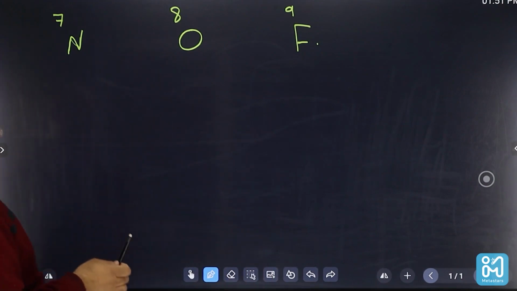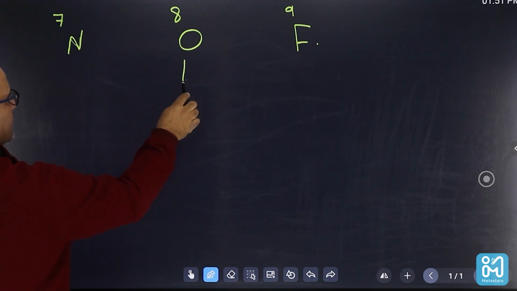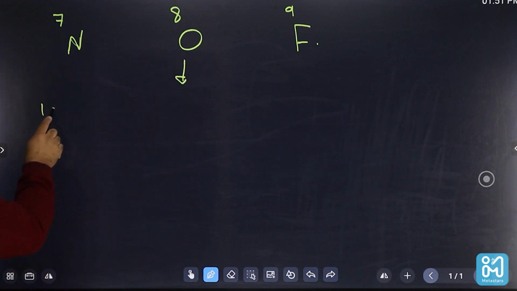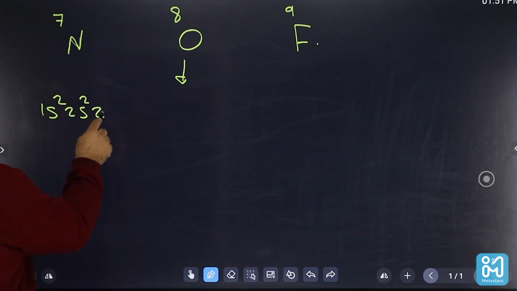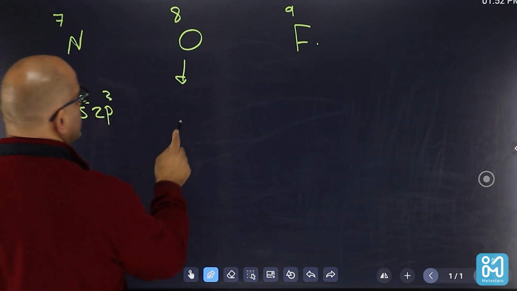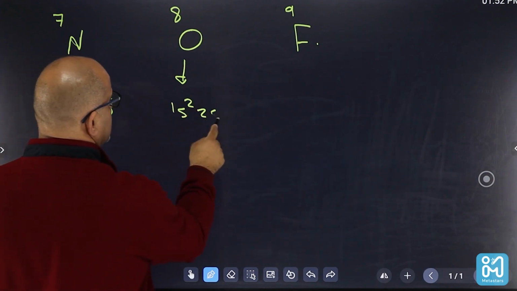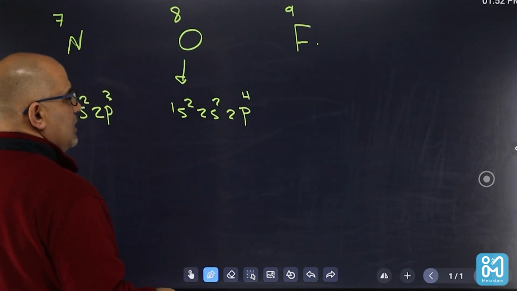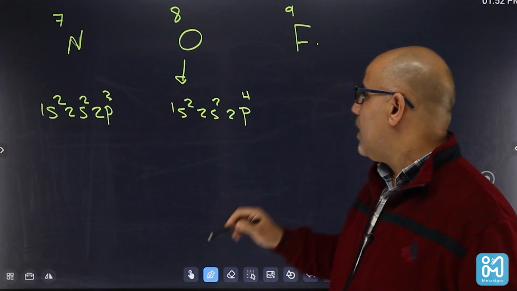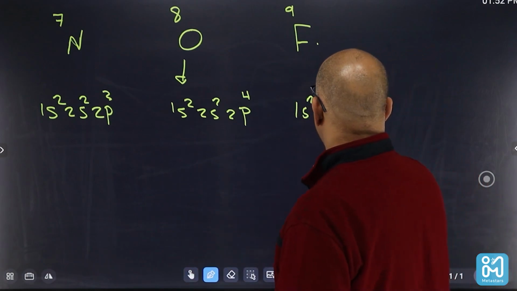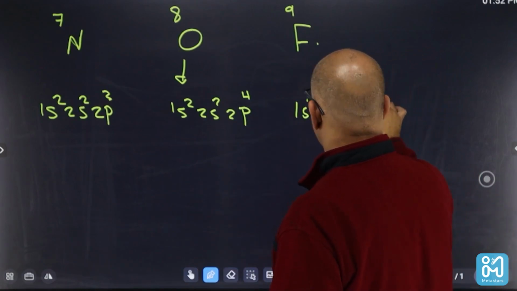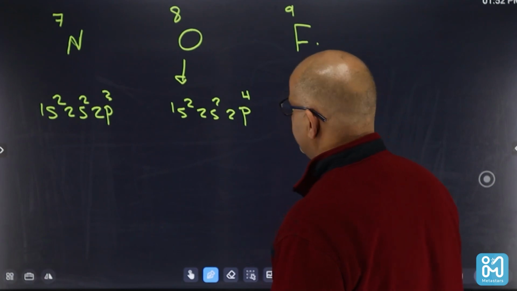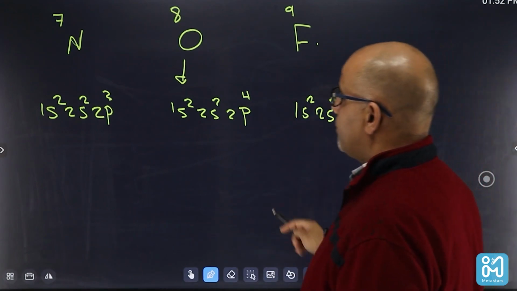To predict the value for oxygen, you should go back to the electronic configuration: 1s2, 2s2, 2p3 for nitrogen; 1s2, 2s2, 2p4 for oxygen; and 1s2, 2s2, 2p5 for fluorine.